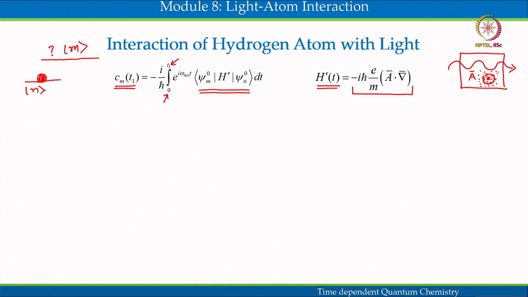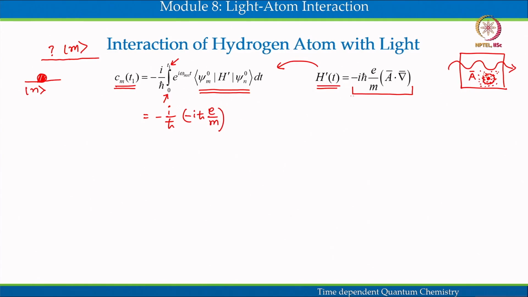one can insert this one here and write down minus i by h cut, then minus i h cut e by m.